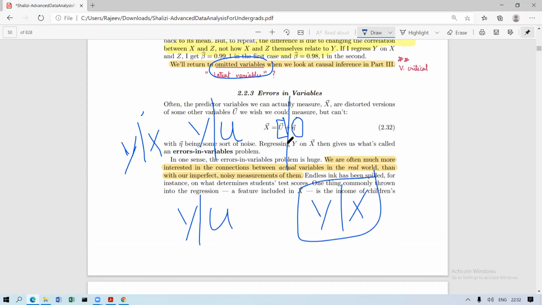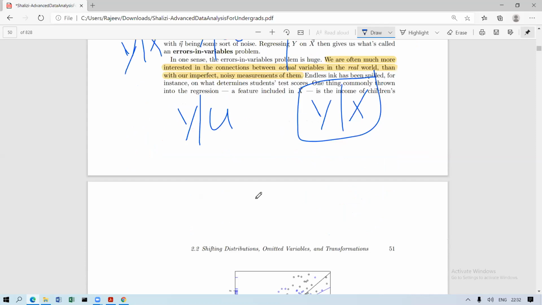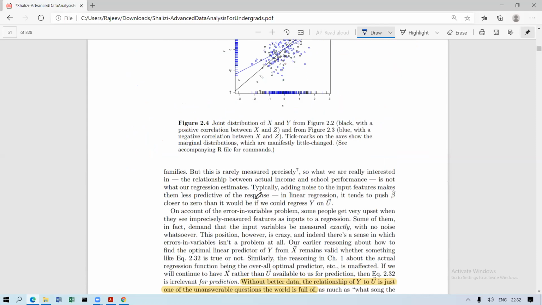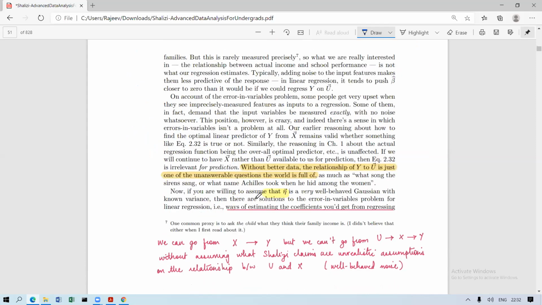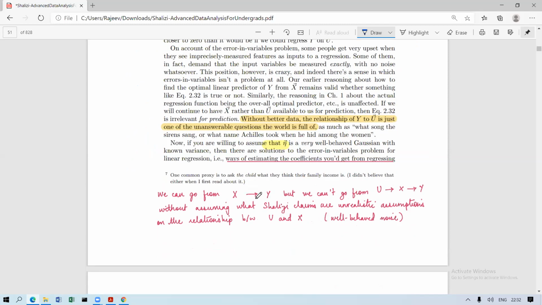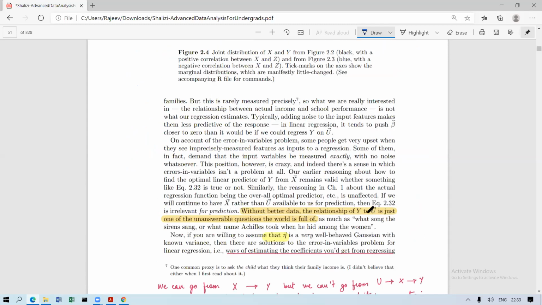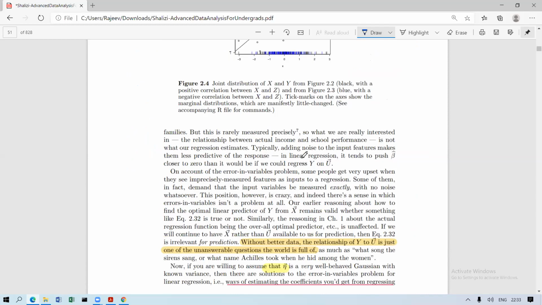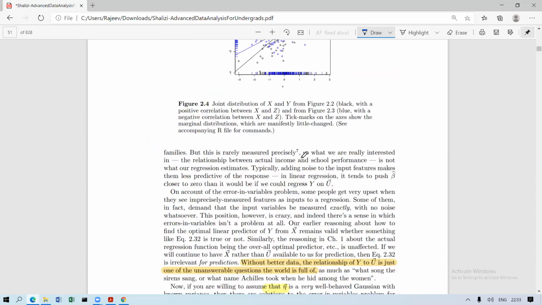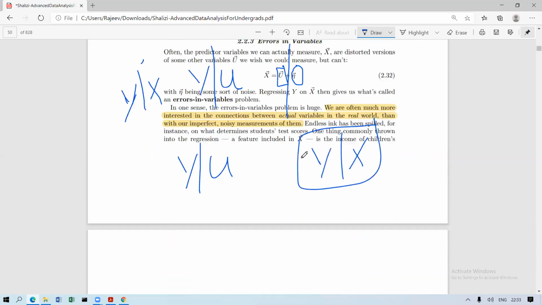So even in the future, you are going to get x. So that's never a problem. There is error in variables, but for testing and prediction, that is not the problem. So that's it. Without better data, the relationship of y to u is just one of the unanswerable questions because you never have that data.